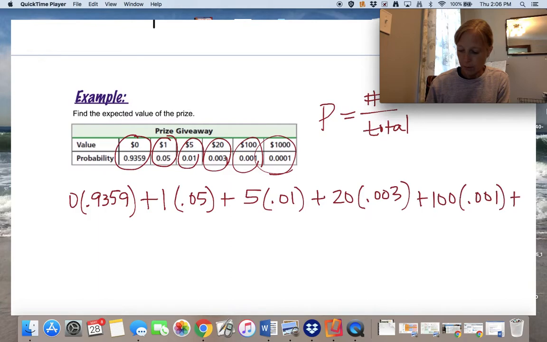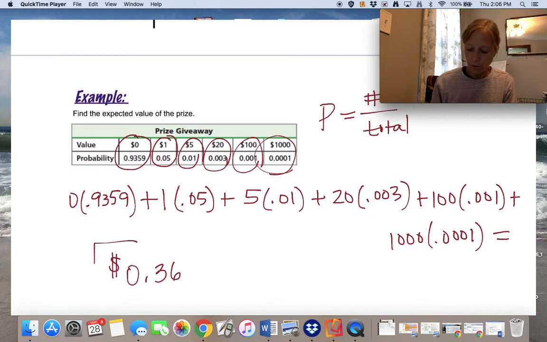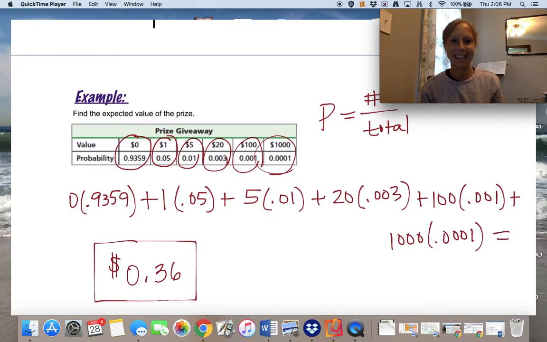I'm running out of space, so I'm just going to go down below here. 1,000. And when you add up all of those products, what you get is 0.36. And so the expected value of the prize based on the probability is 36 cents.